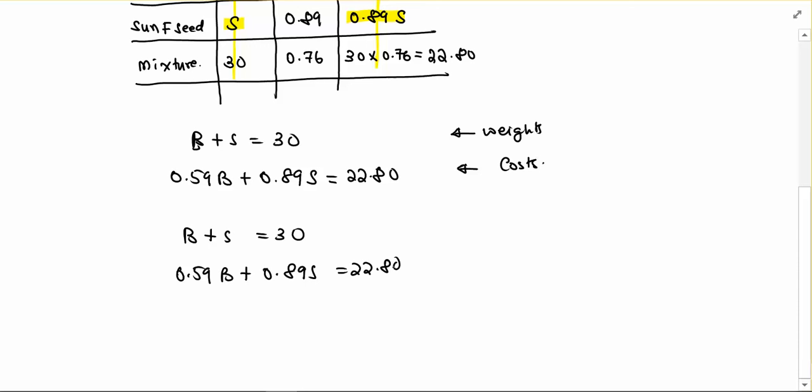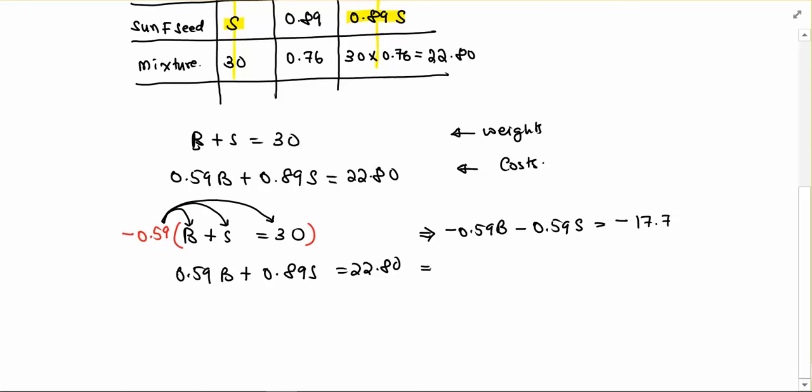Okay, I'm going to use the addition method on this one. So I'm going to multiply this top equation by negative 0.59, and that should give me negative 0.59B minus 0.59S, and then if I multiply these two, I get negative 0.59 times 30, negative 17.7.